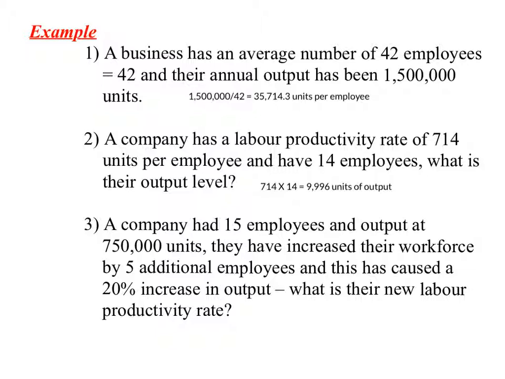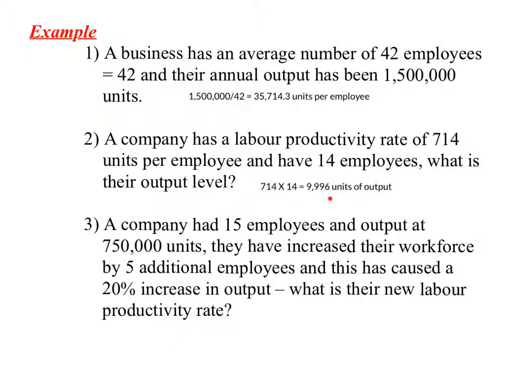Now this time we have to reverse the formula, because before you divide, but at that point we didn't know the labour productivity rate. So we know what the labour productivity rate is, we know the number of employees, so we need to work out how much total output they have produced in that given time period. So you do 714, your productivity rate, times the employees, 14, and that gives you 9,996 units of output.